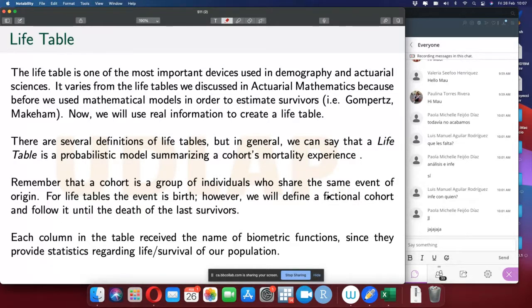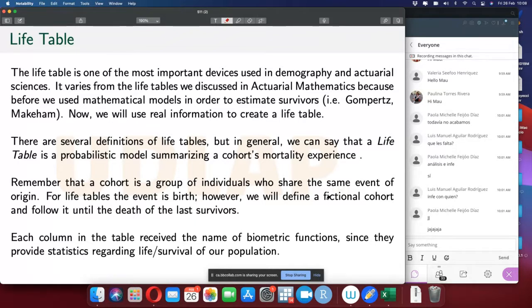Okay, so again, there are many definitions of life tables, but the definition that I think is really the easiest one and actually expresses everything is: life tables are probabilistic models that summarize a cohort's mortality experience. That's it. There are so many assumptions that we're going to discuss tomorrow, and some of them we're going to discuss this morning.